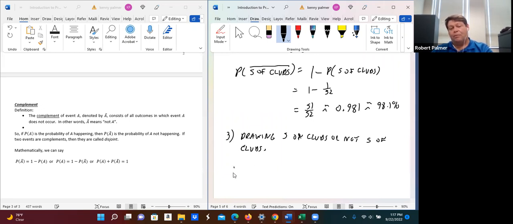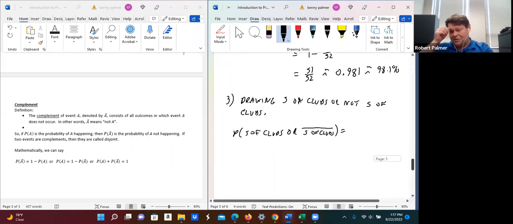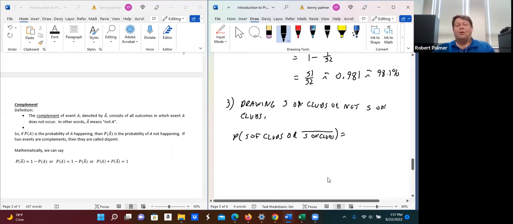Well, that's the probability of, once again, the 5 of clubs, or, I'll use the same notation again, not the 5 of clubs. As we've seen, basically you're saying, if you're going to draw some card, you're either going to get the 5 of clubs or not the 5 of clubs. And so that's going to be the probability.